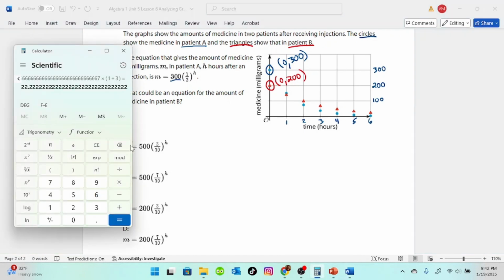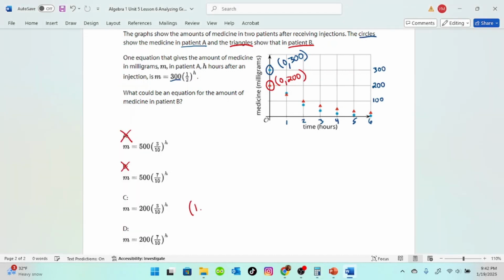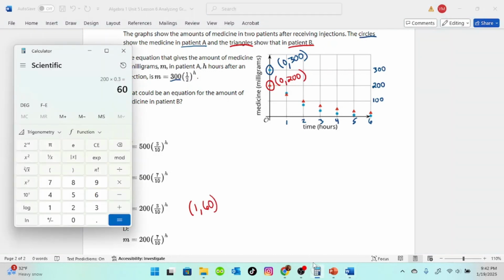So let's test that out. 200 times 3/10, which is equal to 0.3, would equal 60. So this should have a point at 60. If D is correct, then 200 times 7/10, which is equal to 0.7, the next point would be at 140.